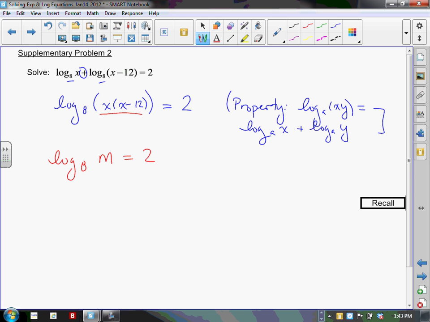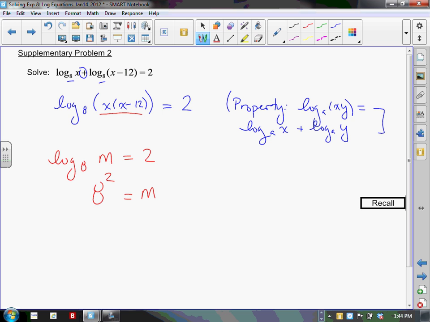Okay. What we would then do with that expression in order to solve would be to represent it as an exponential equation. So we would then take the base of our logarithm and express that to the power of 2, which would give us a value for m.